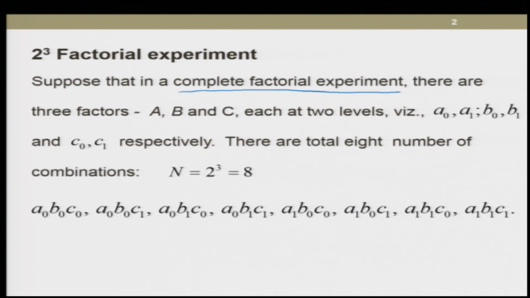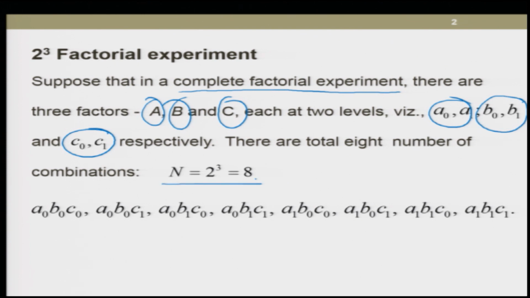So now I have 3 factors A, B and C, and A is at 2 levels, denoted by A0, A1, B is at 2 levels, denoted by B0, B1, and C is also at 2 levels, denoted by C0, C1. So now altogether there will be 2 cube observations or 2 cube treatment combinations. I am denoting here n to be 2 cube, which is equal to 8.